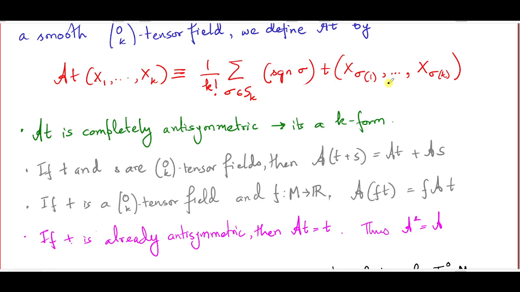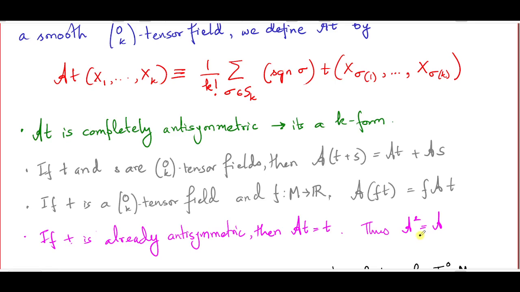And this of course also means that if you apply curly A twice, the first time, whatever tensor it was acting on has become completely antisymmetric. The next time you apply curly A to give you curly A squared, you are not going to get anything new.